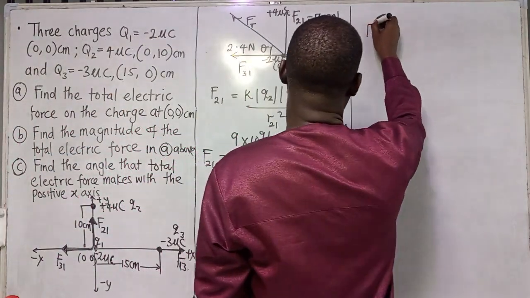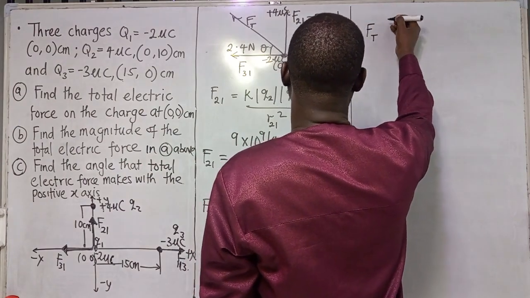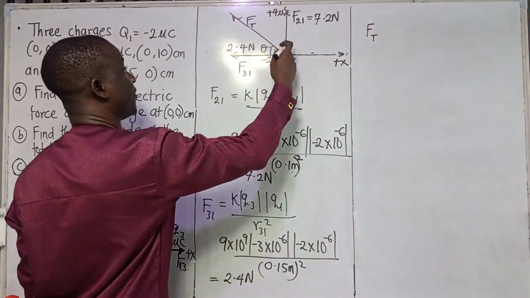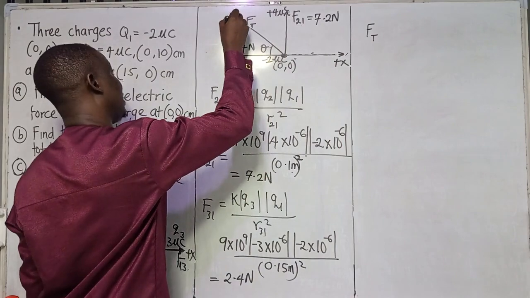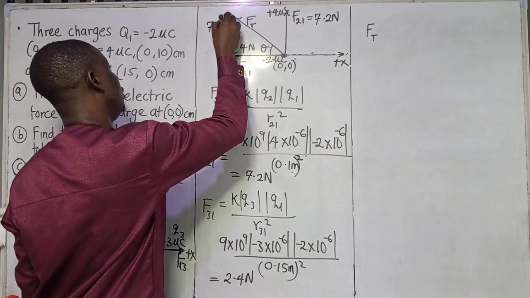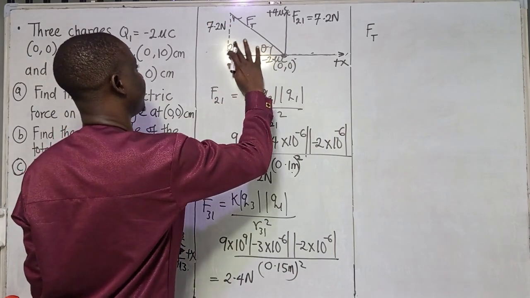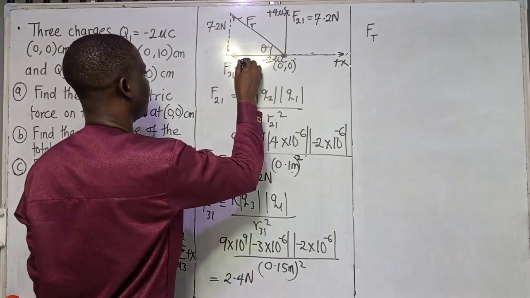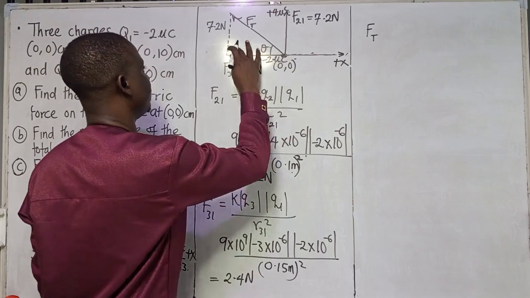The total force will now be equal to what? If we use Pythagoras theorem, we have Fx and Fy. This is 7.2 Newton. Y here is 2.4 Newton.